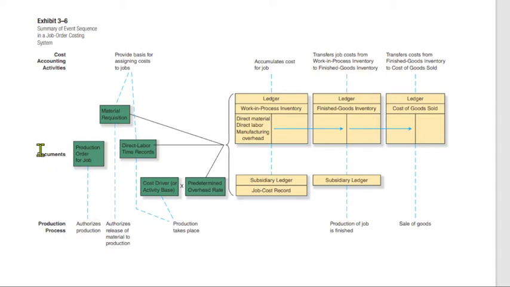Next, dahil the production order for a job has been authorized and approved, we now look at our components, yung three components such as material, labor, and then the overhead. Under this, gumagamit tayo ng normal costing dahil predetermined overhead rate ang ating basis, and then multiply it to the cost driver.